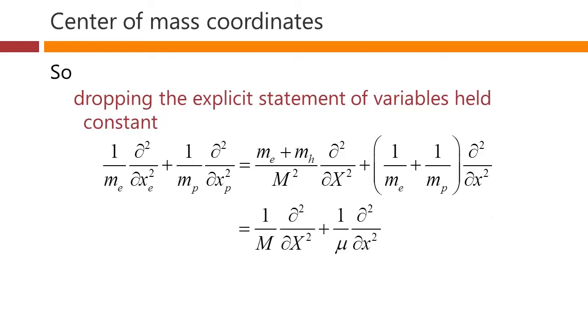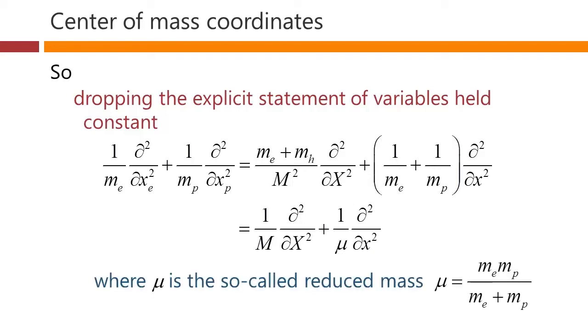And we can simplify that a little further because me plus mp is just the total mass, capital M, so that cancels out with one of these M's on the bottom line. And we choose to write this object here, 1 over me plus 1 over mp, as 1 over mu. And that mu is something we like to call the reduced mass. And 1 over mu, as we said, is 1 over me plus 1 over mp.